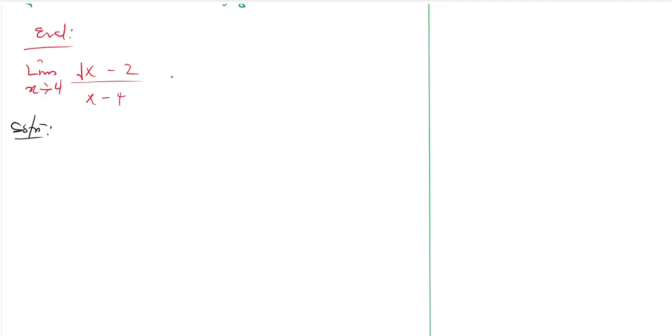Let's do a direct substitution and see if that will give us a definite answer. If we have root 4 minus 2 all over 4 minus 4, root 4 is 2, 2 minus 2 is 0, and 4 minus 4 is 0. This is indeterminate.